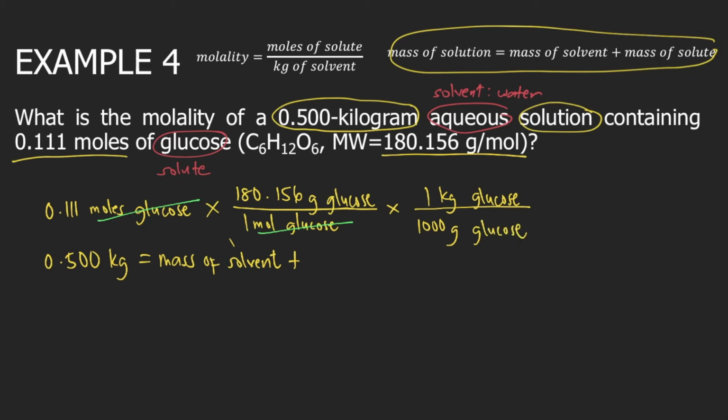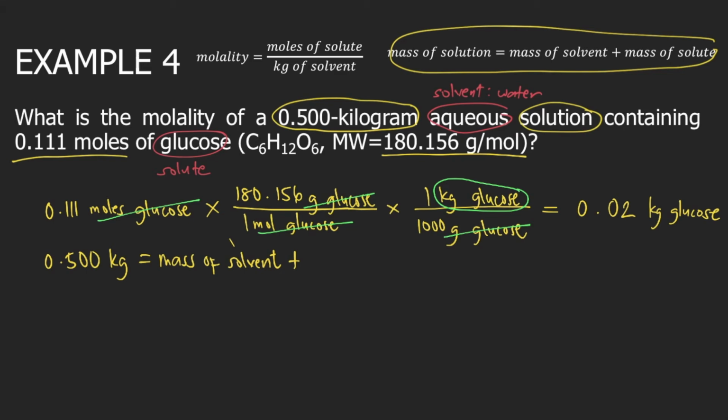So grams of glucose will cancel, and this becomes kilograms of glucose. And if you solve this, this is equal to 0.02 kilograms of glucose. So this is the mass of our solute.